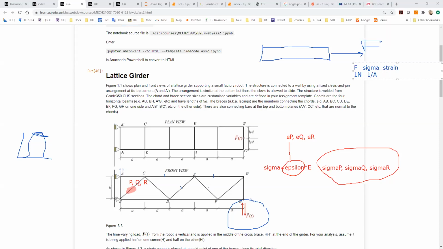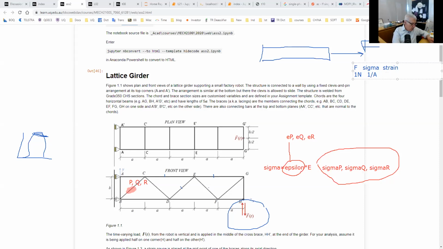And strain would have been 1 over EA, because strain is sigma divided by E. So that would be the strain if I had a strain gauge on this, reading the strain, epsilon.